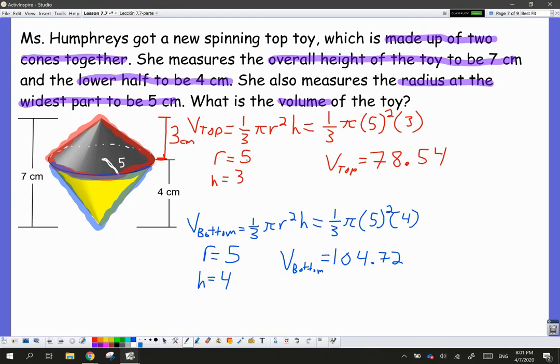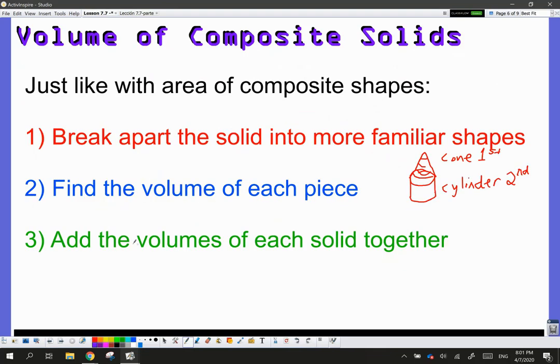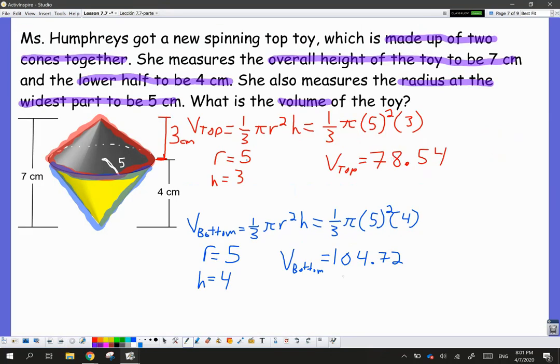So now that I have the volume of the top and the volume of the bottom, the last step, step number 3, is we need to add the volumes of each solid together. We're going to add them together to get the total volume. So the volume of the top was 78.54. And we're going to add the volume of the bottom, 104.72.